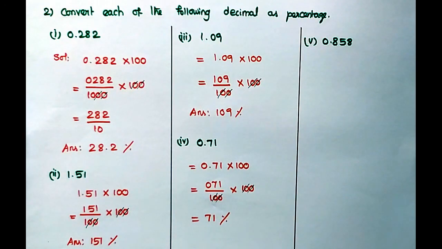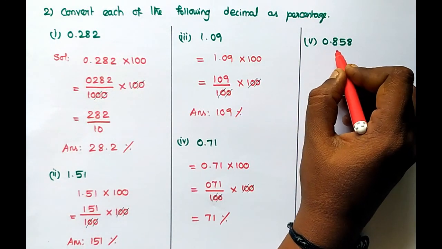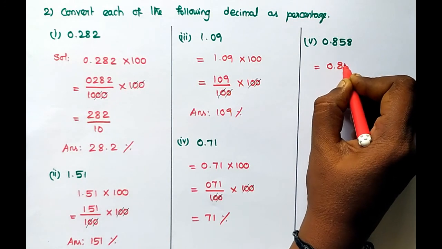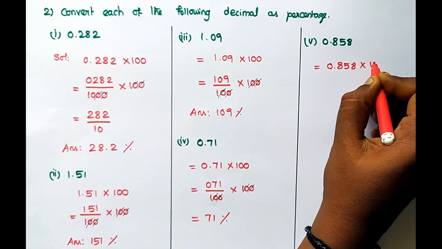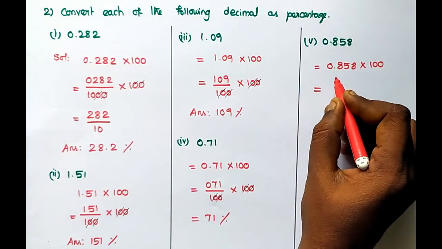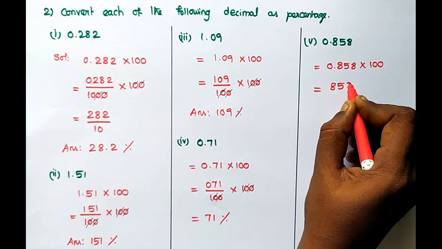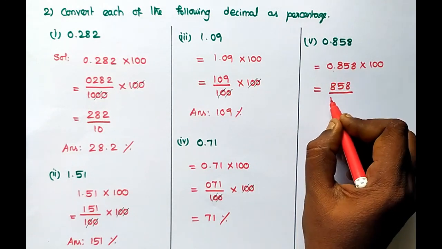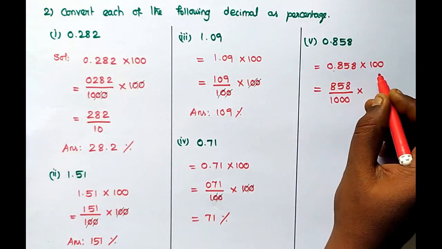That is the answer. Next one, 0.858. 0.858 into 100. Now 858 divided by, after the decimal point 3 digits are there, so 1000 into 100.